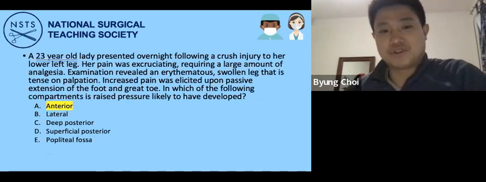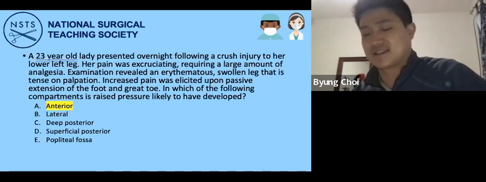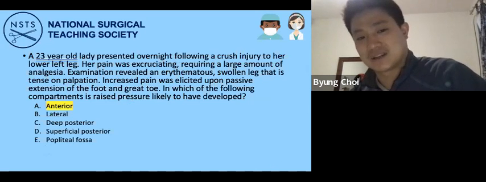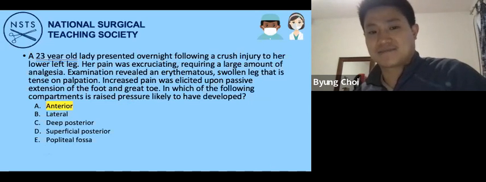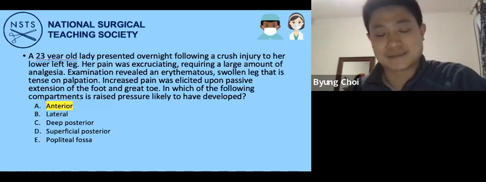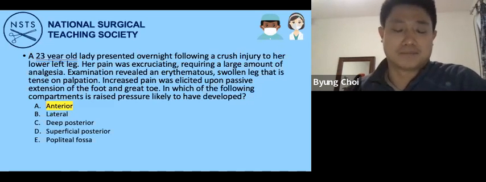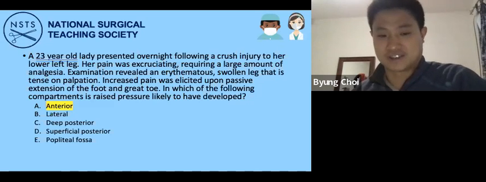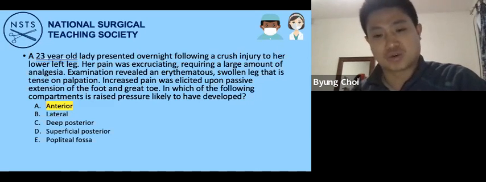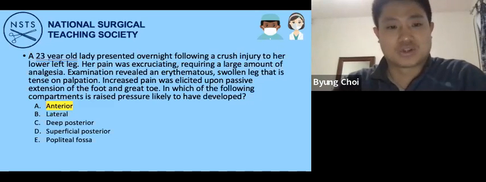So if you've got extension of the great toe moving up, as well as extension of the foot, which is essentially the same as dorsiflexion rather than plantar flexion, so you've got the foot dorsiflexed and then extending the great toe, that's contributed by the anterior compartment, because remember, the anterior contains the extensor muscles, the extensor hallucis longus, that is responsible for extending that great toe, as well as a combination of muscles that contribute to dorsiflexion, but a big one will be extensor digitorum longus, peroneus tertius, but the big strong one is tibialis anterior that aids dorsiflexion. So anterior compartment is the correct answer for this one.